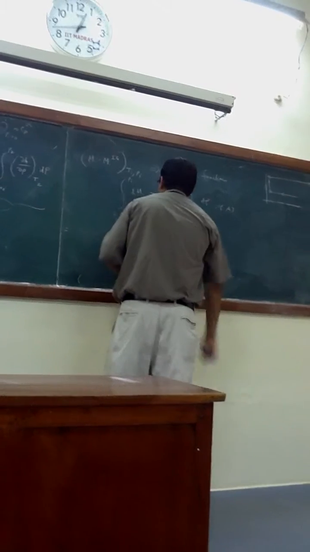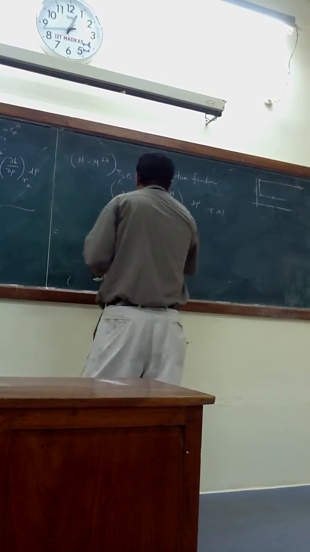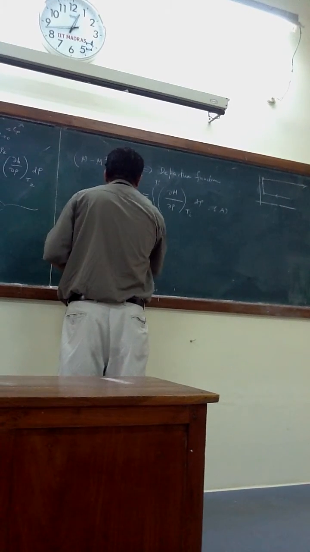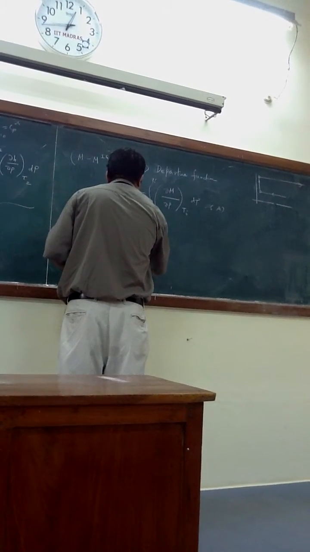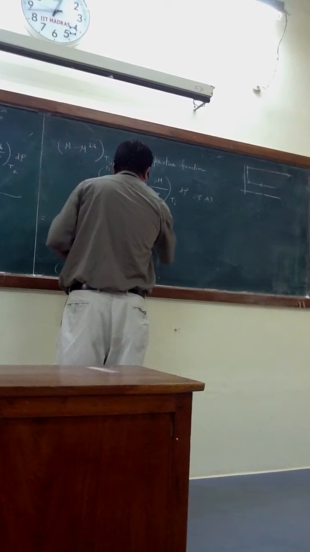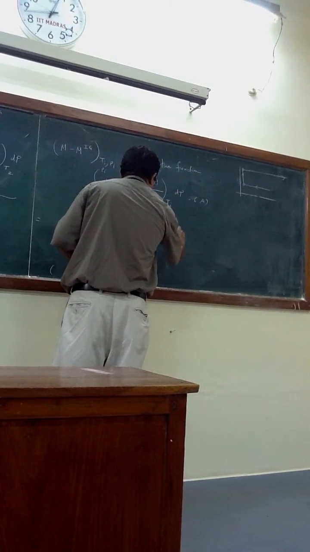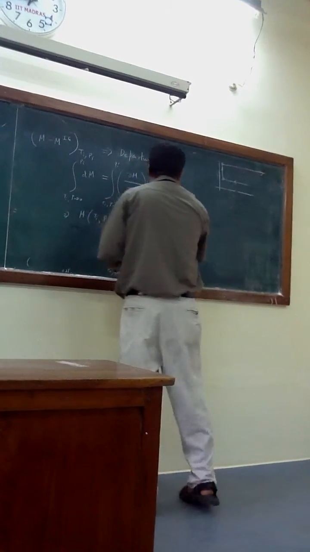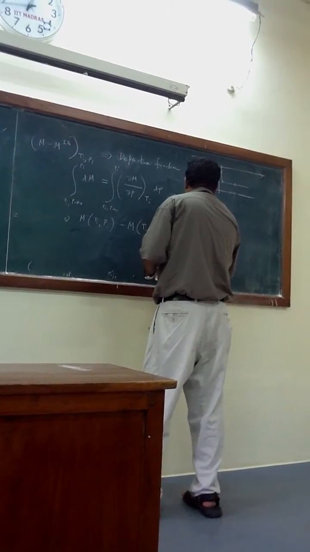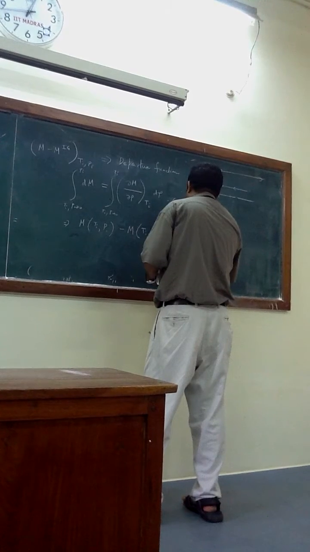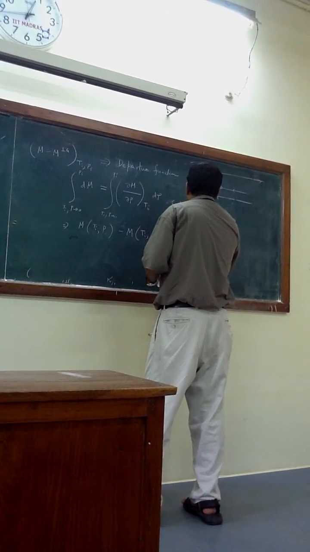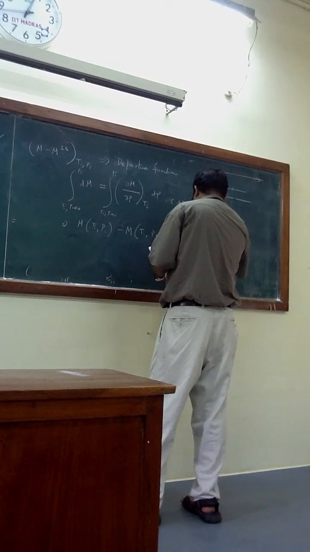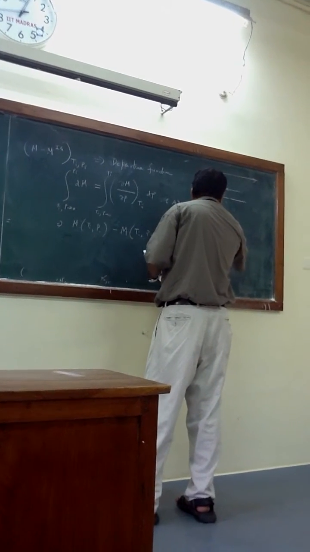So this will be M at T, P minus M at T, P tending to 0, which equals the integral at T from P tending to 0 to P of dou M by dou P at T dP, equation number B.